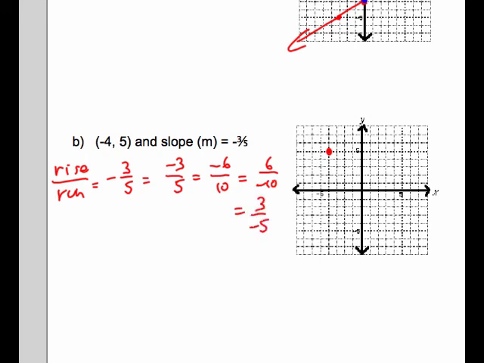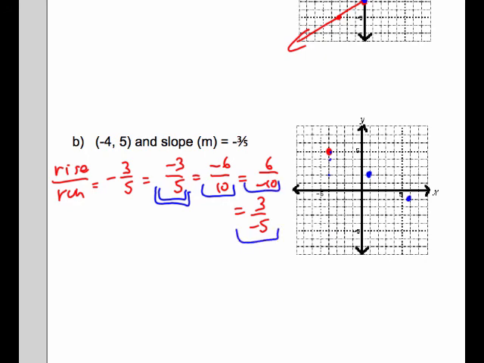These are all a slope of -3/5. So if I start at my point and I have a negative rise, so drop 3, run 5, I land here. If I do that again, or from the beginning if I drop 6 and move right 10, I'm going to land there.